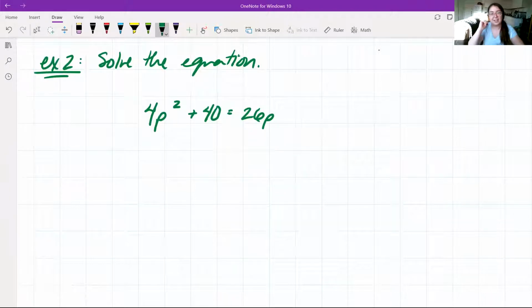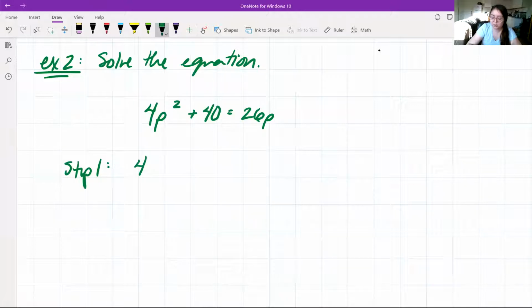So let's go ahead and do another problem. Example two, we want to solve the equation. We have 4p squared plus 40 is equal to 26p. So step one, we write this in standard form.